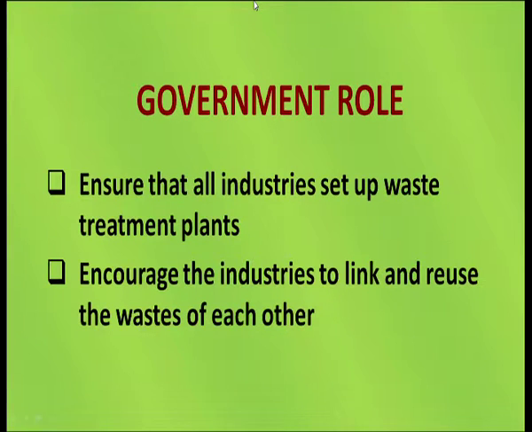Encourage the industries to link waste and reuse the waste of each other. This can be done by reusing the material from one industry which is given out as waste from that industry, and that can be used by some other industry as their raw material, such as waste given out from a steel industry can be used by some other industry for smelting of steel.